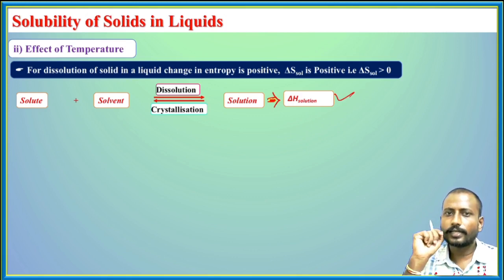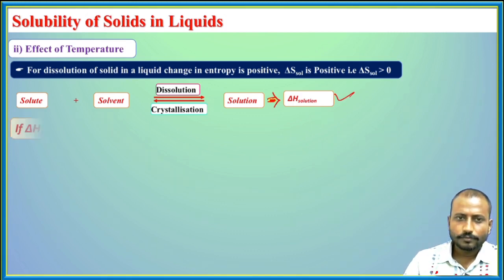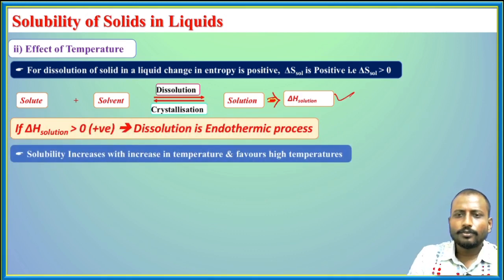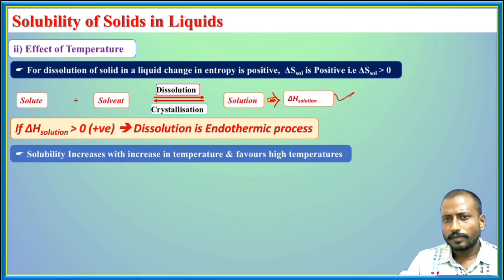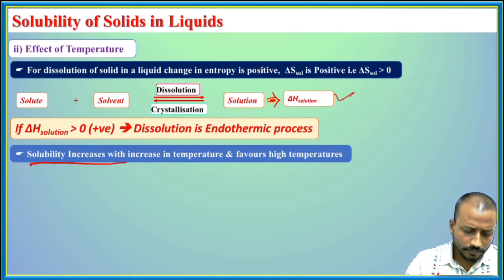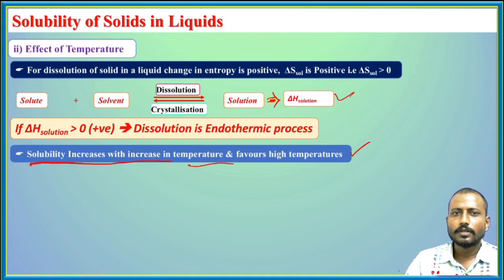Then what about delta H solution? If delta H solution is greater than 0, meaning the process is endothermic, like the dissolution of ammonium chloride in water or the dissolution of sugar in water, solubility increases with increase in temperature and the process favors high temperature.